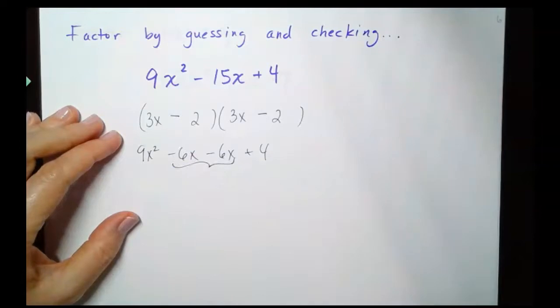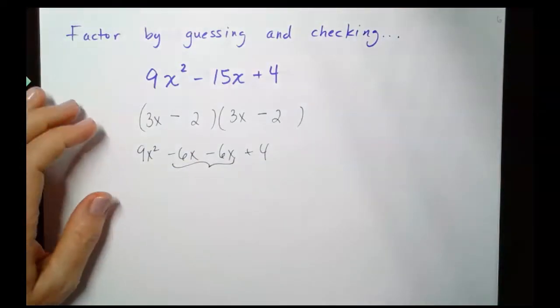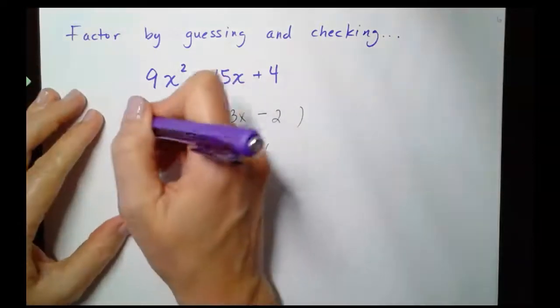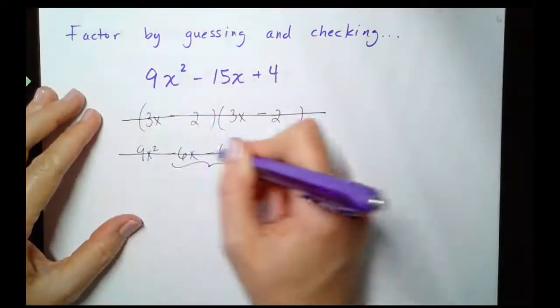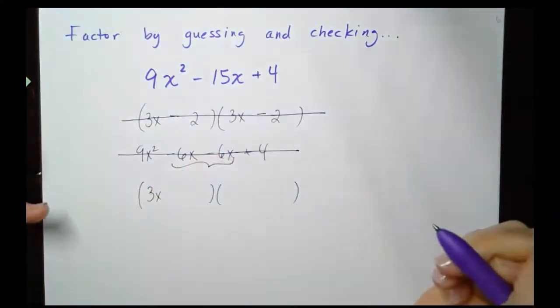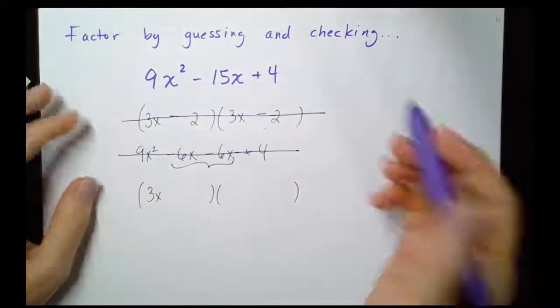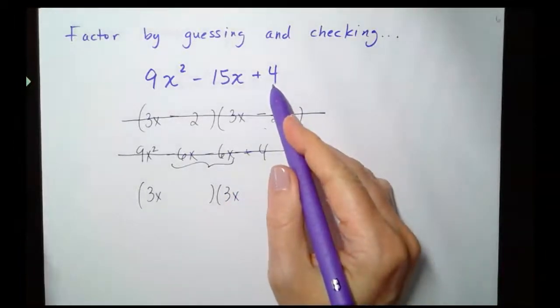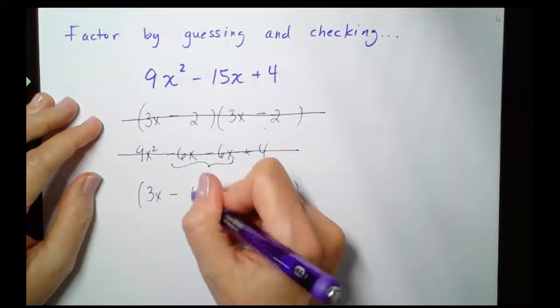Does that give us negative 15? No, it does not. So the 2 and 2 does not work. So scratch that. And because you should always start with the smaller factors like 2 and 2, if they don't work, that's the time to try to give 4 and 1 a shot.